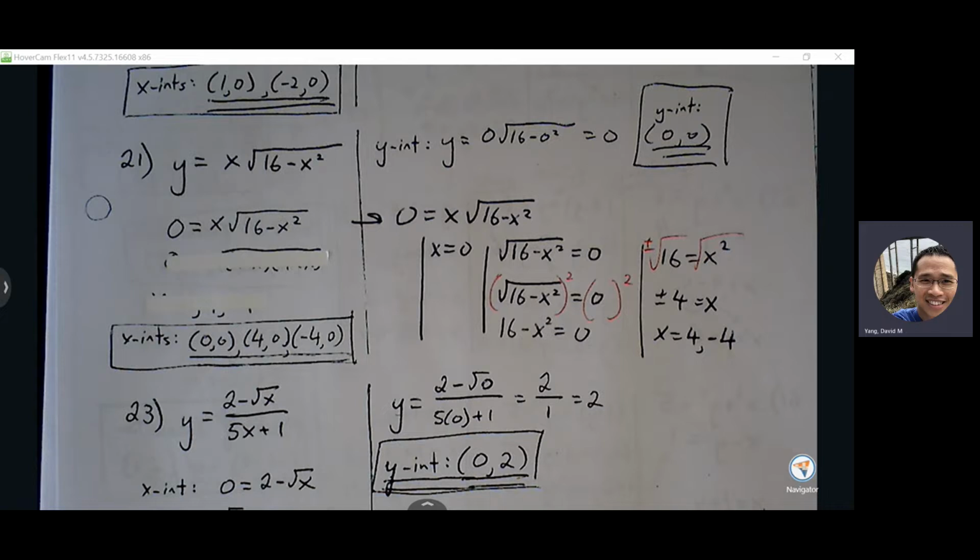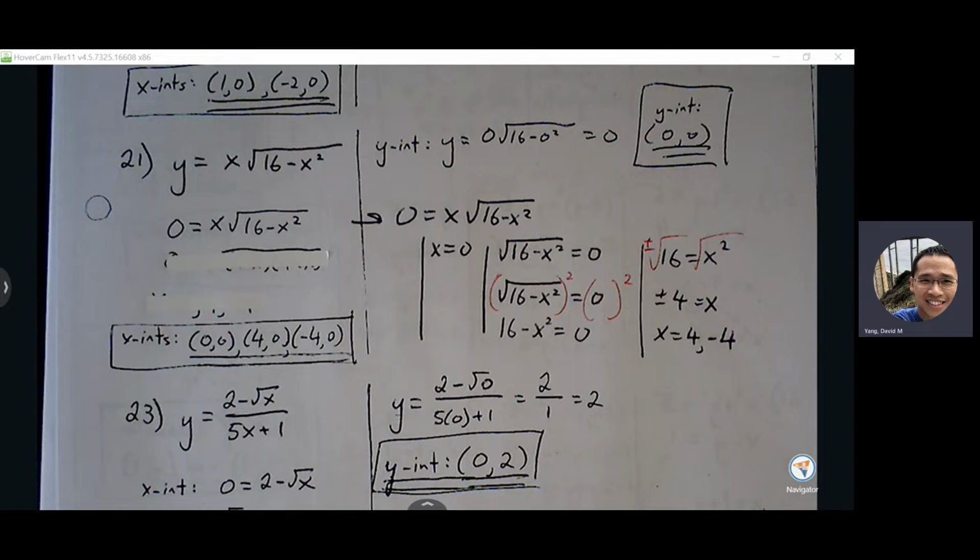So the way around it is we want to get rid of that square root. If I square both sides, then the square root goes away and I can solve for x. I get 16 minus x squared. So the x and the square root, these are being multiplied, so I can treat them like separate entities.